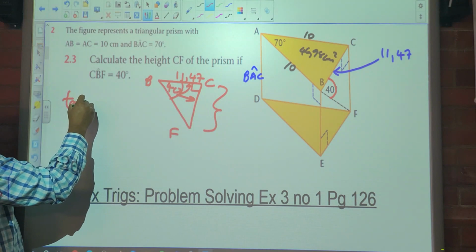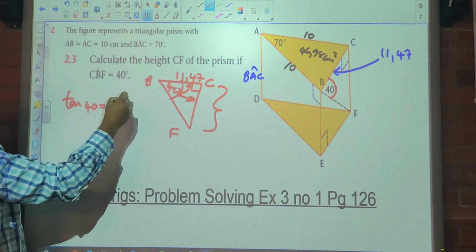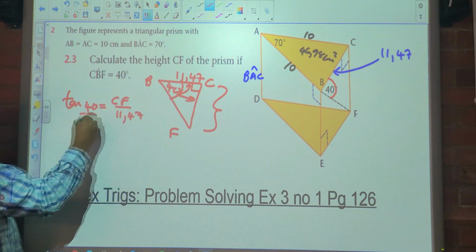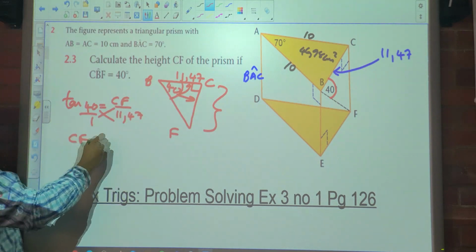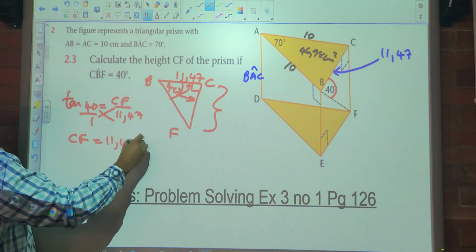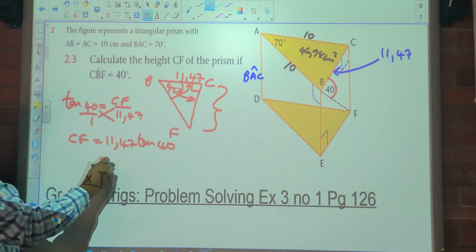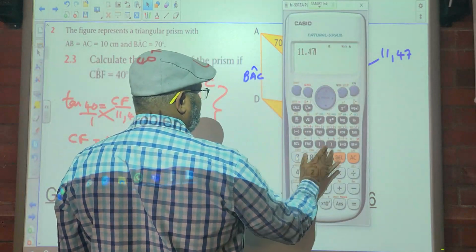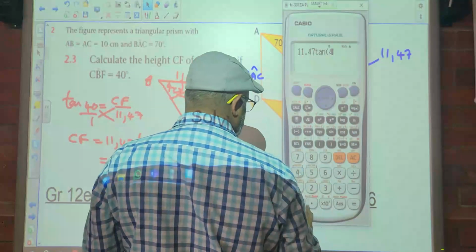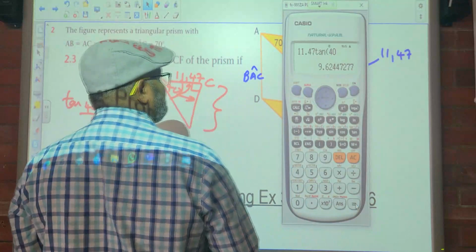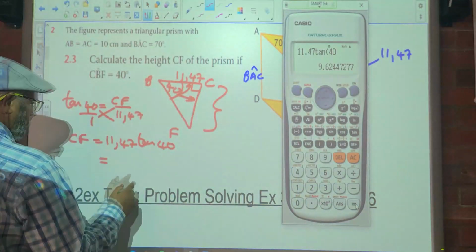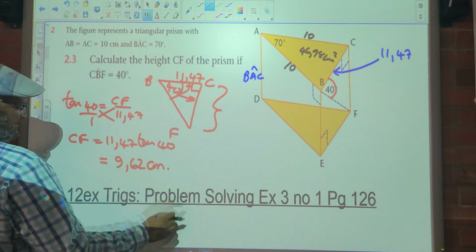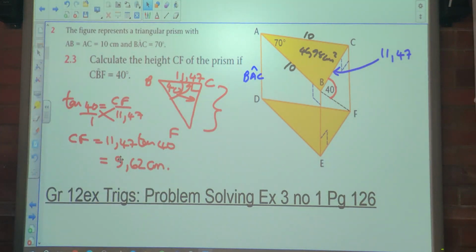So tan of 40 degrees equals CF over 11,47. Cross multiply, so CF is equal to 11,47 tan of 40, which gives you 9,62. Is that correct?